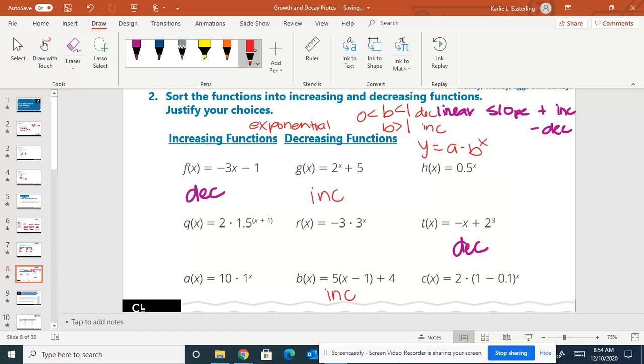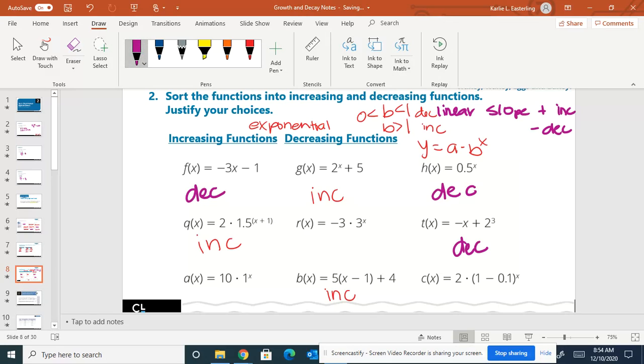Whenever we're looking at h of x, that's 0.5. 0.5 is between 0 and 1, so this one is a decreasing function. If we come down here and look at q of x, again, we're looking at that b value. And down here, our b value is 1.5, which is greater than 1. So q of x is an increasing function.